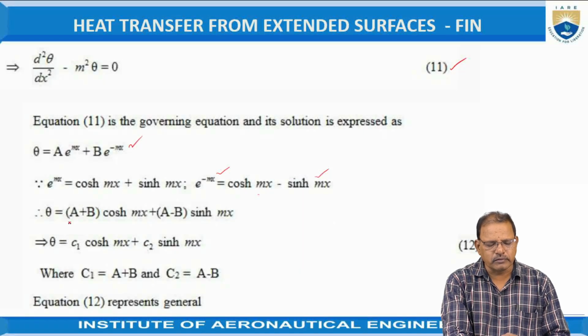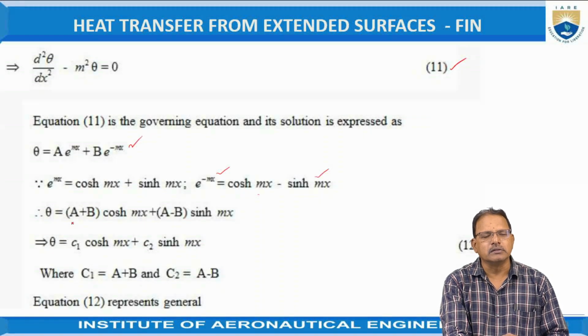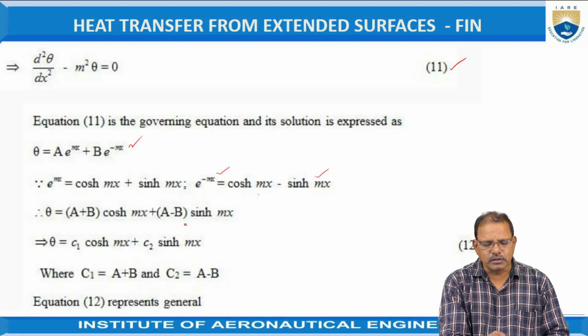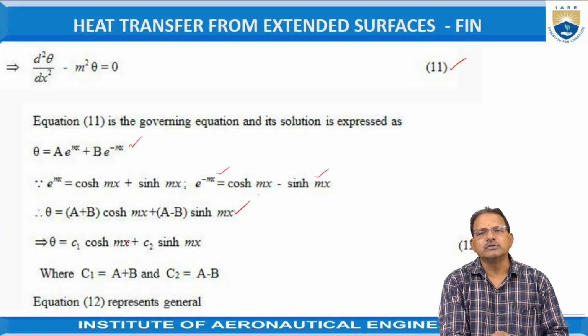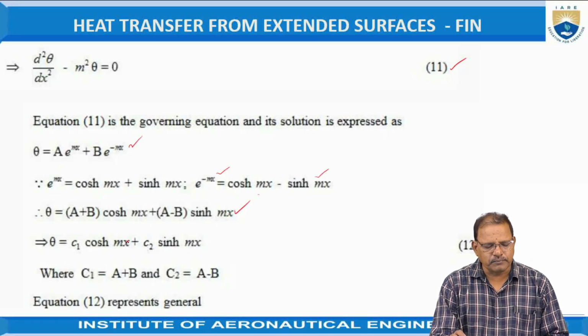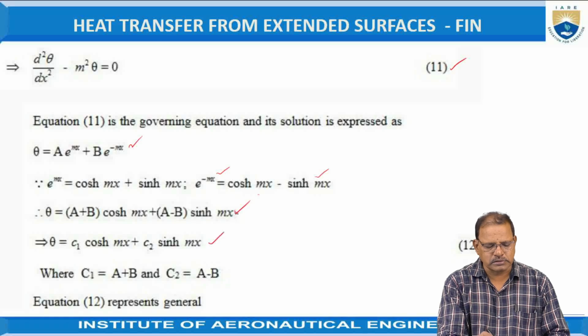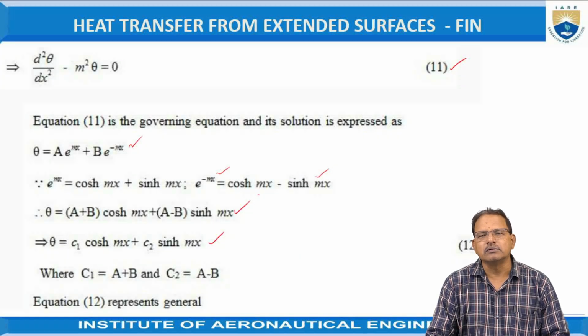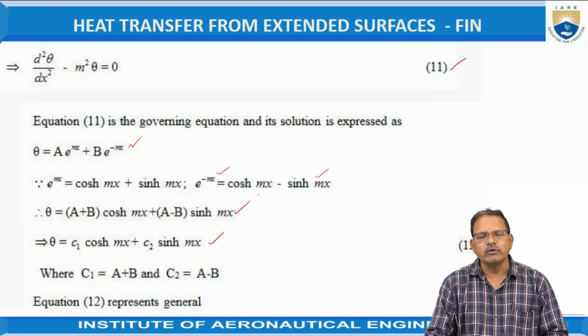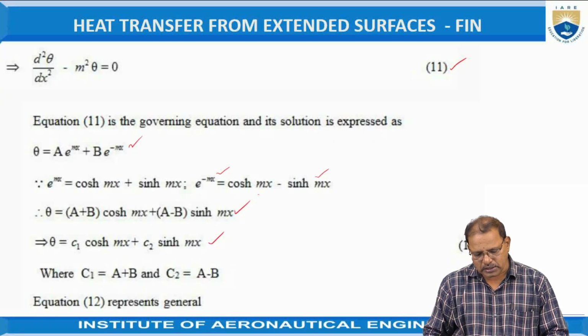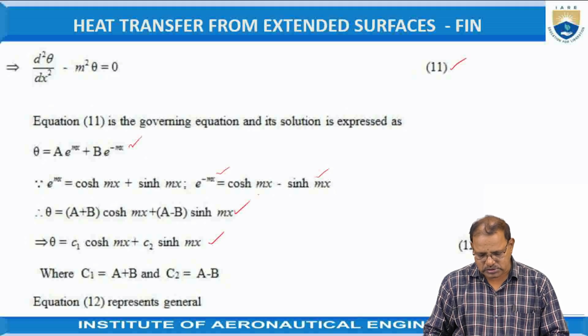So theta is equal to (A plus B) cosh mx plus (A minus B) sinh mx. Theta is equal to C1 cosh mx plus C2 sinh mx, where C1 is equal to A plus B and C2 is equal to A minus B. This represents the general equation.